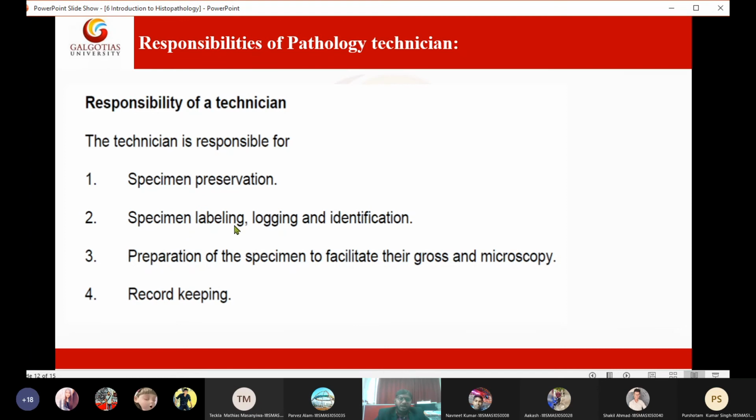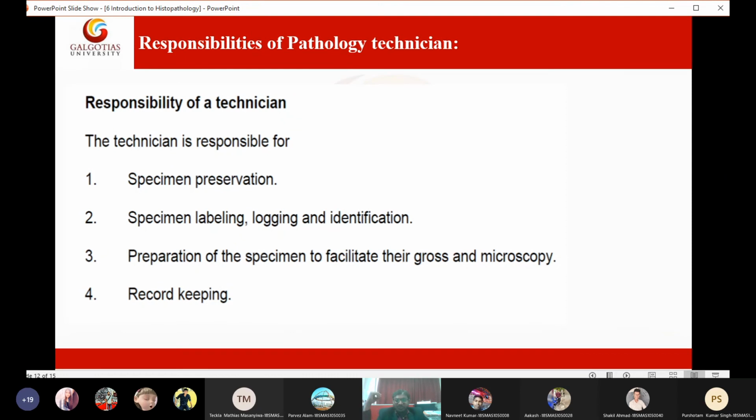For example, the stomach region has the umbilical region, hypochondriac region, left hypochondriac, right hypochondriac. Which area the sample was collected from in the body should be mentioned in short form, not complete words. Also with logging and identification, you have to identify the sample easily even after 3 years. That particular specimen is in a particular rack or particular bottle. That is the most important.